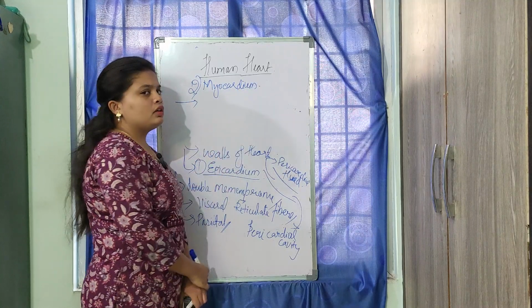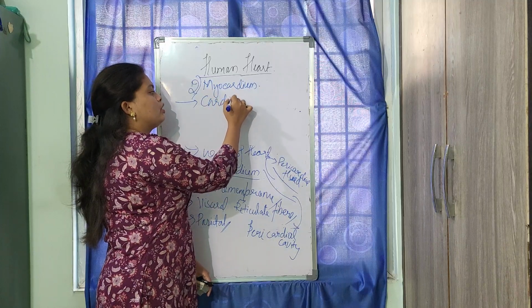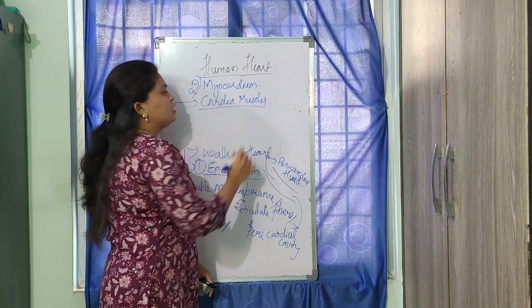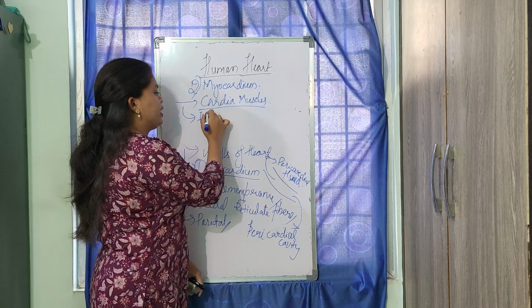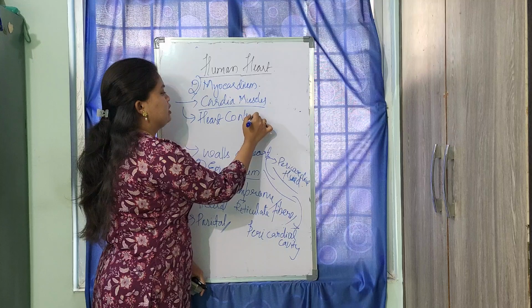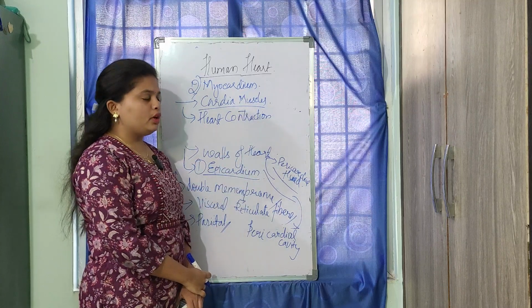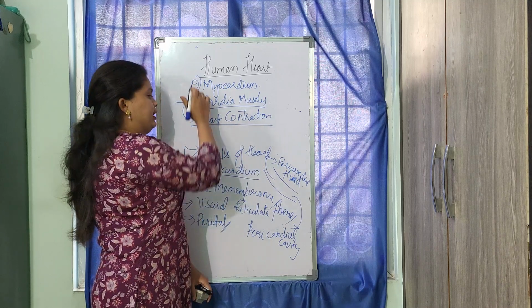This is nothing but the muscular layer. It is made up of cardiac muscles. These cardiac muscles are responsible for heart contraction. So this is the second layer.